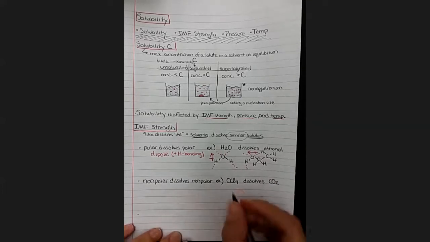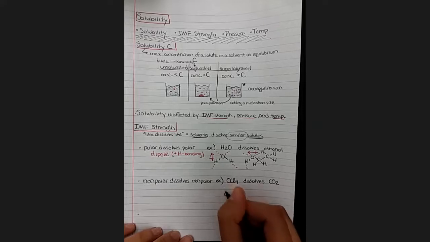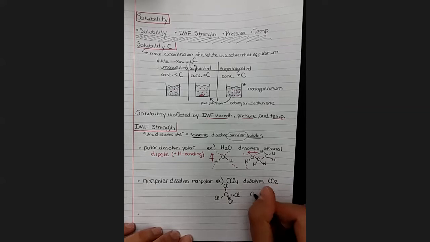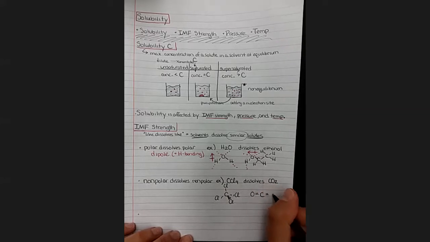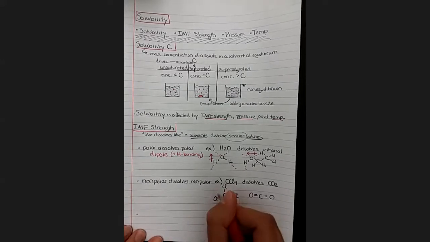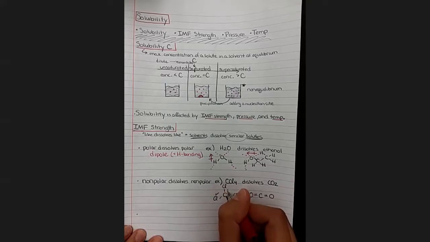And to prove that they're nonpolar, let's check out the structures here. Carbon is going to be tetrahedrally coordinated to 4 chlorines. And in CO2, carbon is in the center of 2 double bonds to oxygen. Okay, so if we look for dipoles here, we can see that there's a little dipole for each of these bonds pointing towards the chlorine.